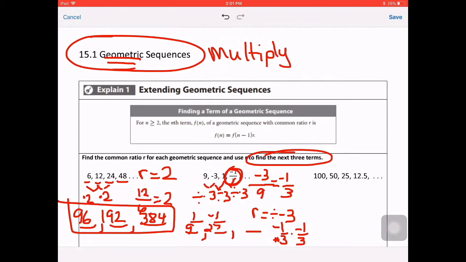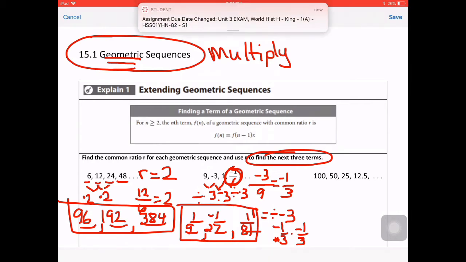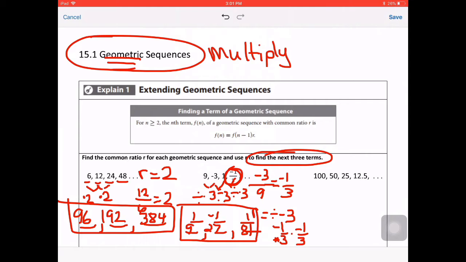So that would give us a -1/27. Continue multiplying by a -1/3 again, and you'll get a +1/81. So the next three terms would be 1/9, -1/27, and 1/81. The denominators got bigger because we were multiplying just the denominator by 3.